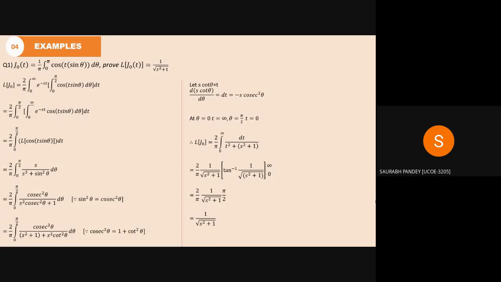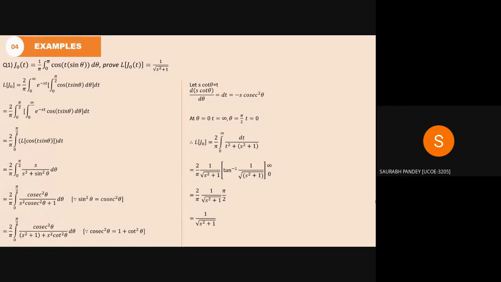So let's start. Laplace of J naught is equal to 2 by pi integration of 0 to infinity of e raised to minus st, then integration of 0 to pi by 2 of cos(t sine theta) d theta dt.